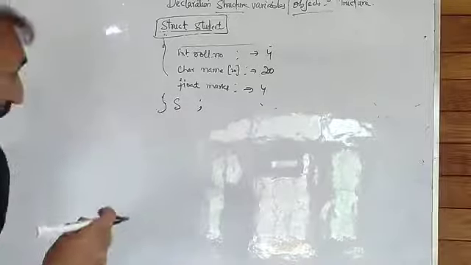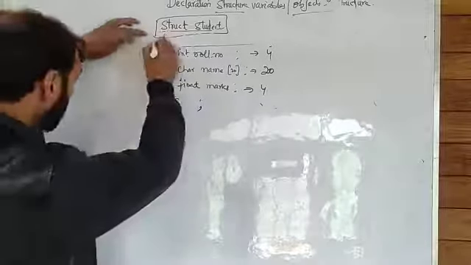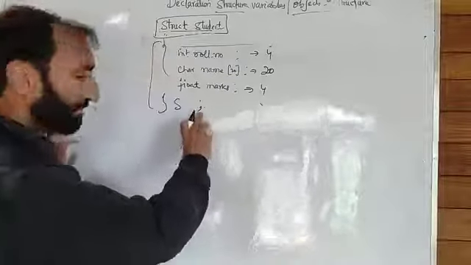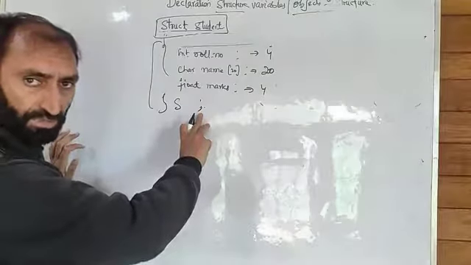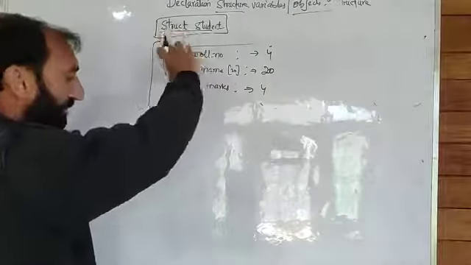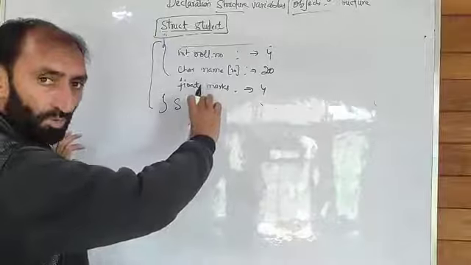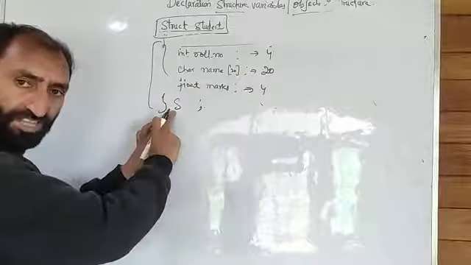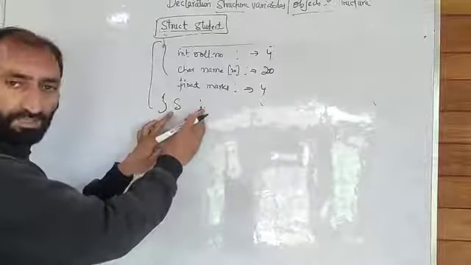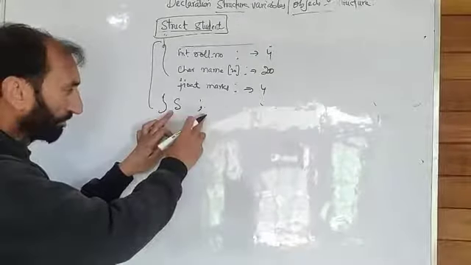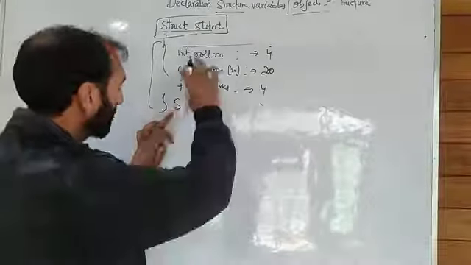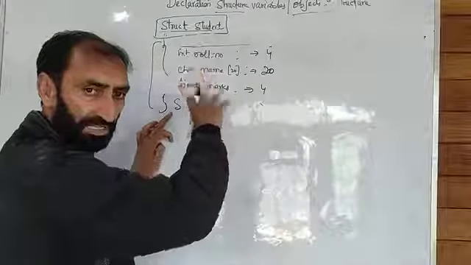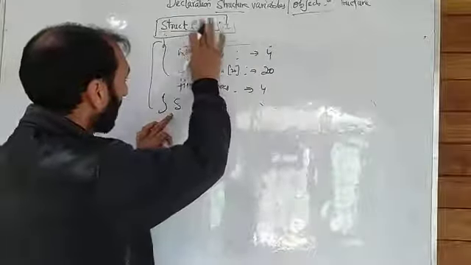We know that the body of the structure begins from this opening brace up to the semicolon. If you observe, I have declared this object S before the semicolon. That means this object belongs to this structure. In that case, I can omit this.